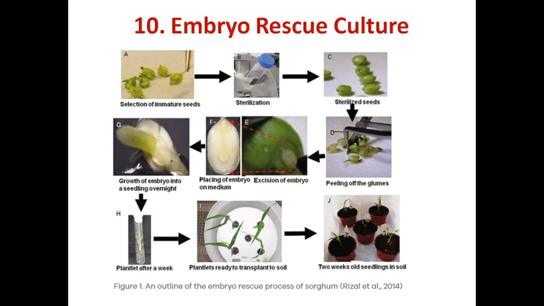Embryo rescue is generally used to rescue interspecific and intergeneric crosses that would normally produce aborted, non-viable seeds. In plant breeding, many times hybrid crosses produce small and shrunken seeds, indicating that hybridization has occurred.